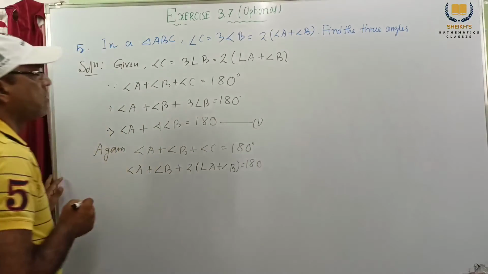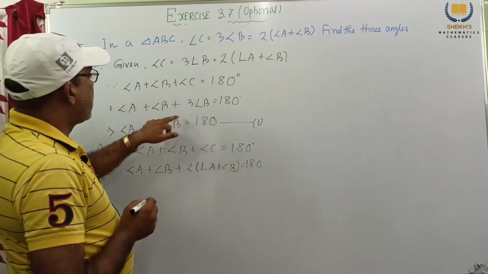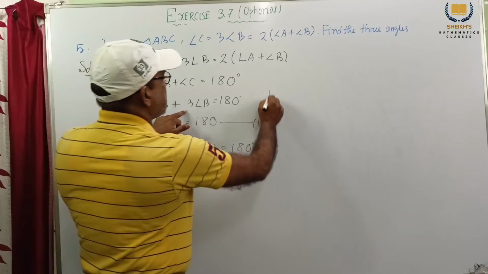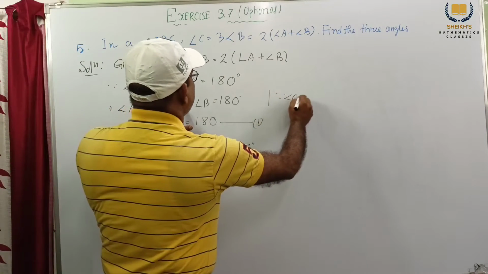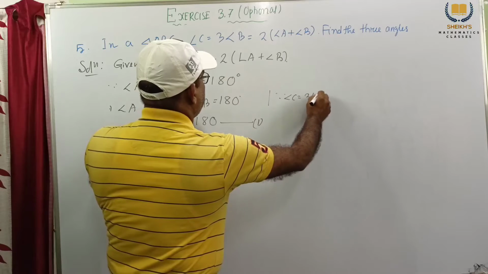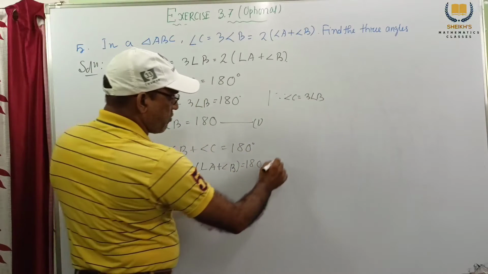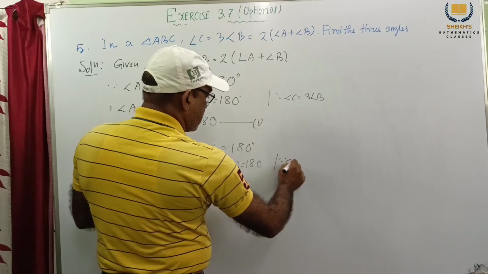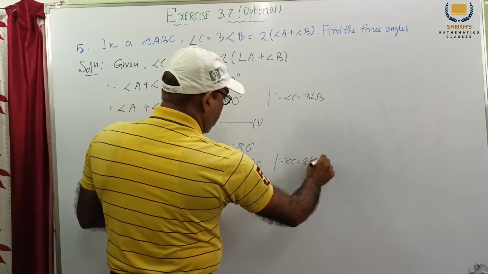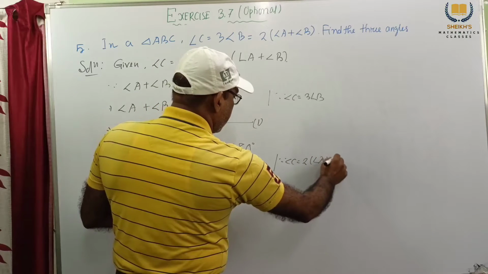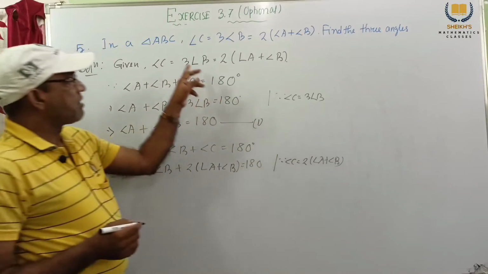We get this. So here we have to write, since angle C equal to 3 times of angle B, and here we have to write, since angle C equal to 2 times of angle A plus angle B. Just given condition.